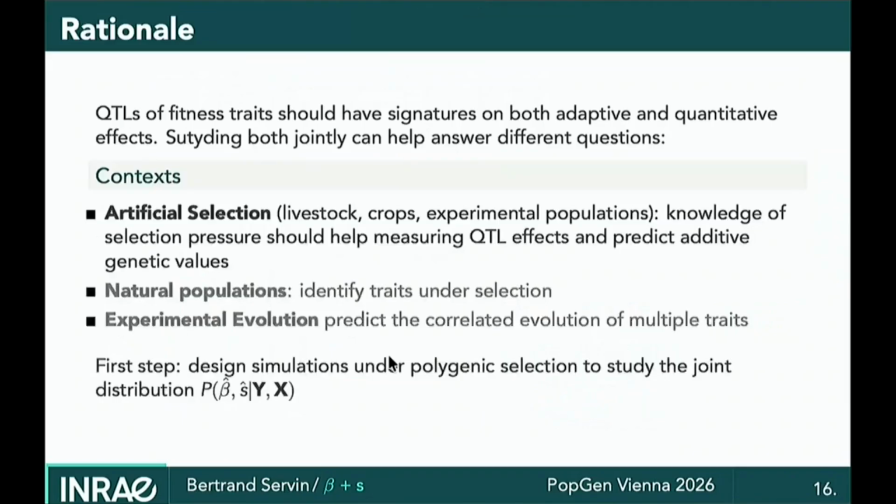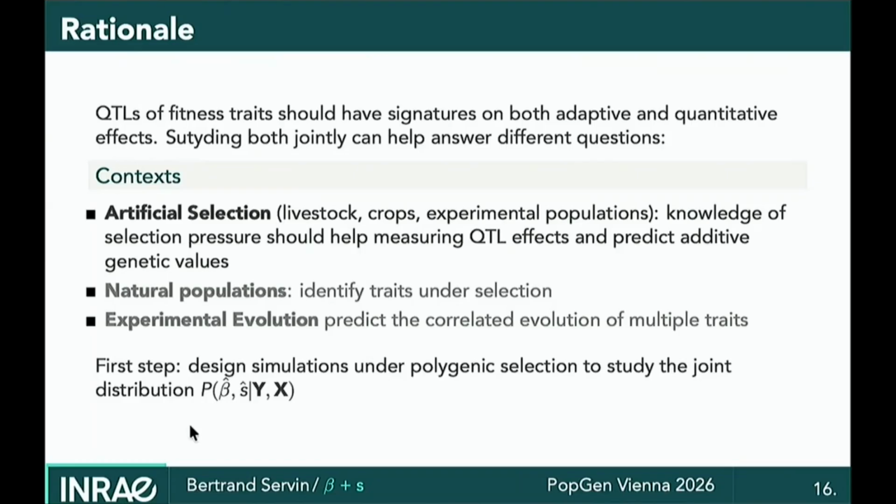And so the first part of this slide is what I said before. And what I want to talk about first is how we design some simulation to fit artificial selection experiments we have. And what we wanted to look at first is the joint distribution of the effect of markers on the trait and their selection coefficient.